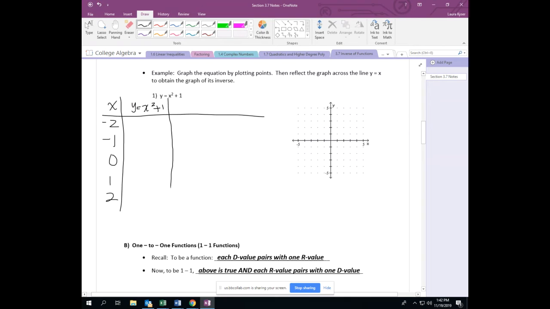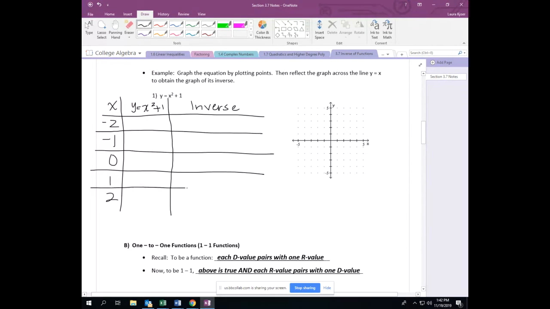I will find my y coordinates, and then I will flip-flop them for the inverse. In this situation, it does not ask us what the inverse is. All it says is graph it and then graph the inverse. So I'm going to create my original ordered pairs by plugging in, and then I'll flip-flop them all to get the inverse. So we'll start with -2.